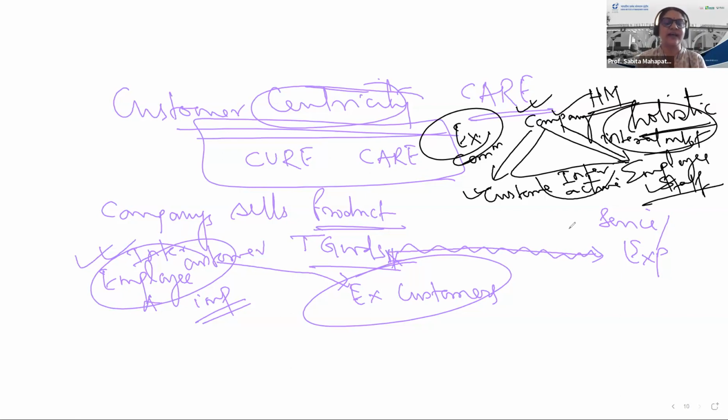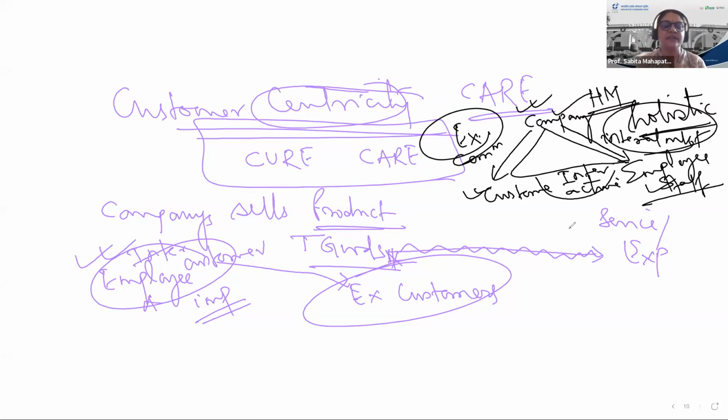Therefore, holistic marketing gives importance to external, internal, and interactive marketing. So every department, every individual knows what their role is, how accountable and empowered they are, and how important the customer is, be it internal or external.